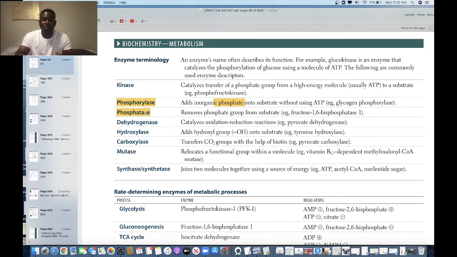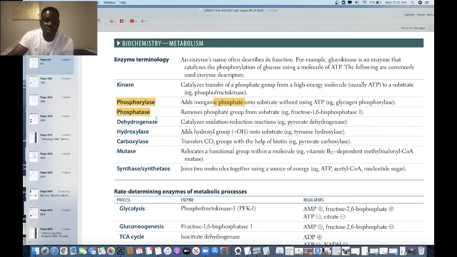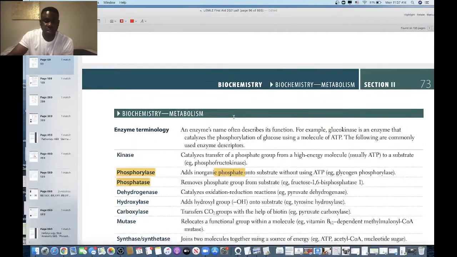For example, when we get to gluconeogenesis, we'll realize that the final enzyme is the phosphatase enzyme.